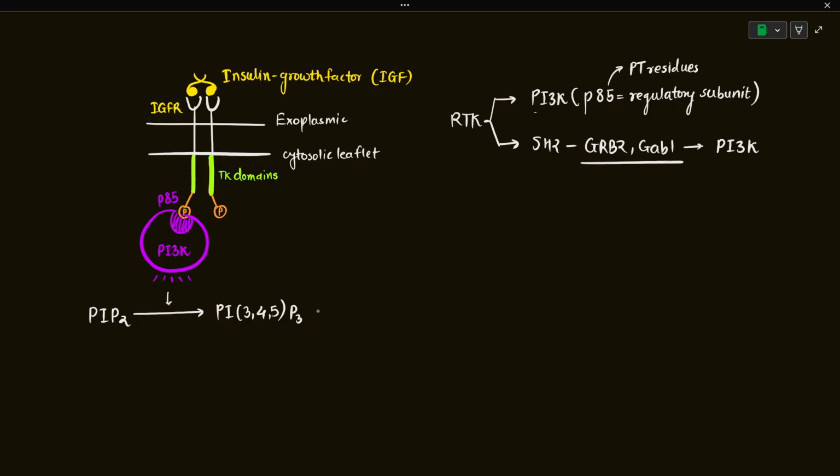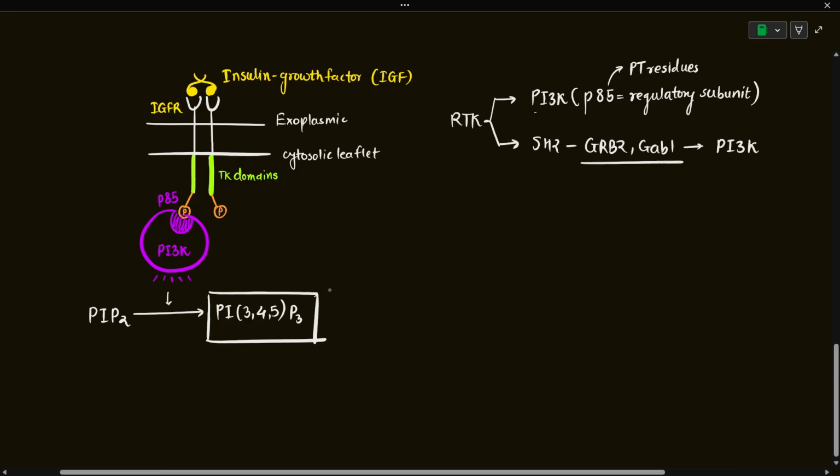This will be done by PI3 kinase. Once this PIP3 molecule is formed, it is very crucial because it is going to serve as a docking site for certain intracellular molecules. To this PIP3 molecule, two different types of enzymes can attach themselves.